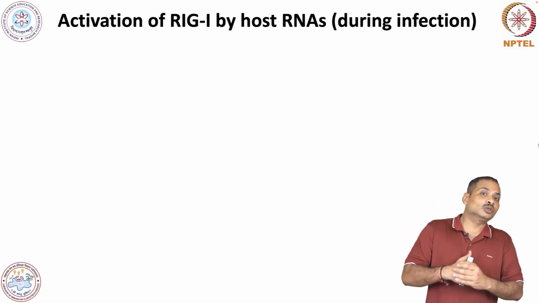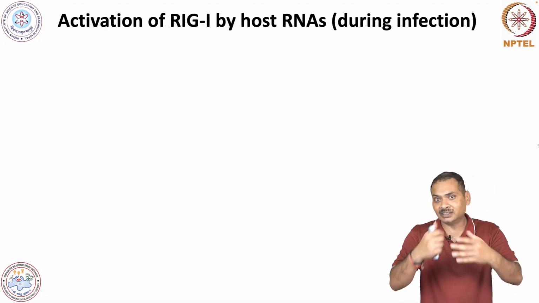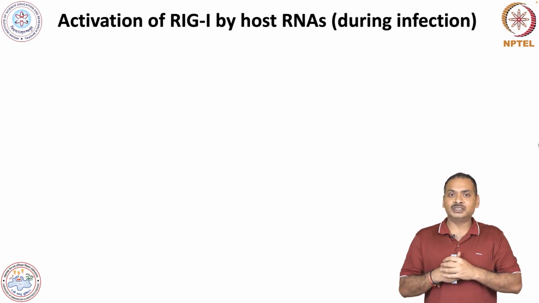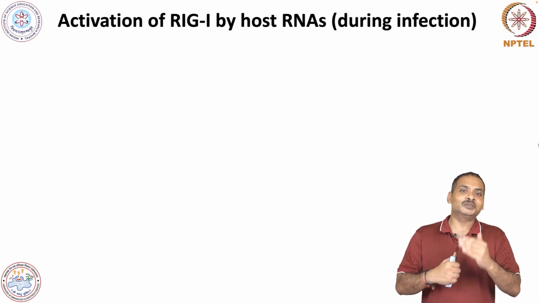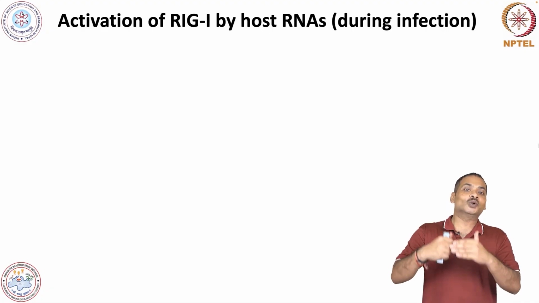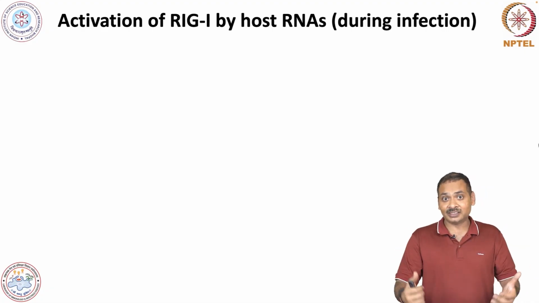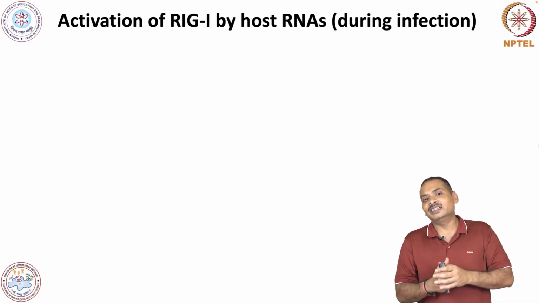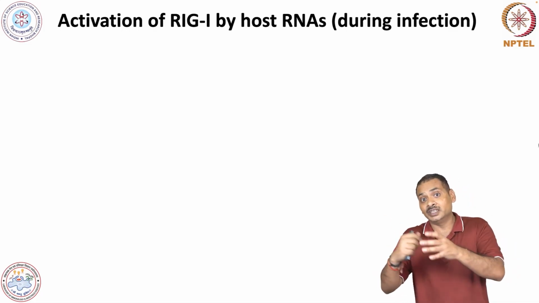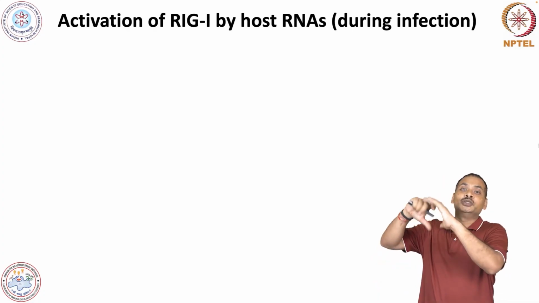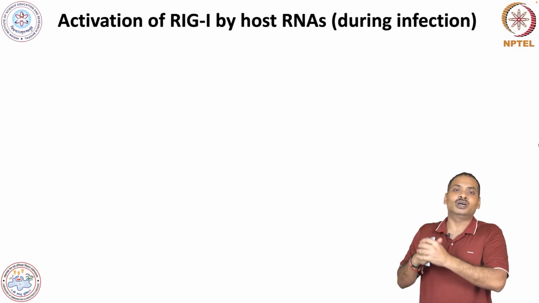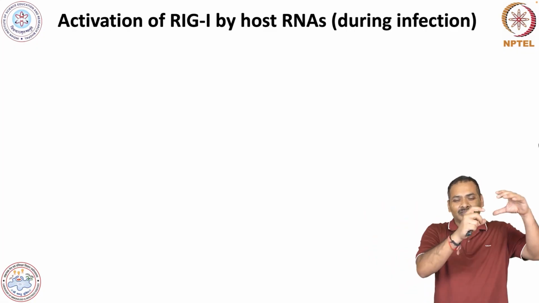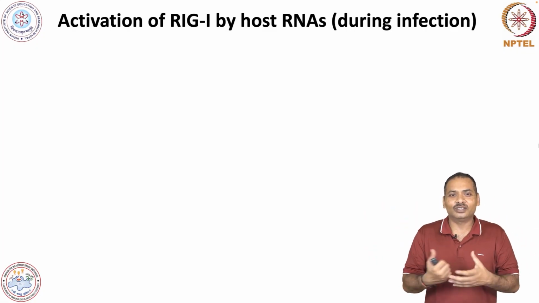And how do they make their own copy? By hijacking the host cellular machinery, right? They hijack the host cellular machinery and then use it to make their own copies, either nucleic acid or protein, and finally they assemble, and then there will be aggregation or release of virus. And this newly formed virus, or progeny of virus, again infects other healthy cells. So this is a very simple life cycle of a virus.